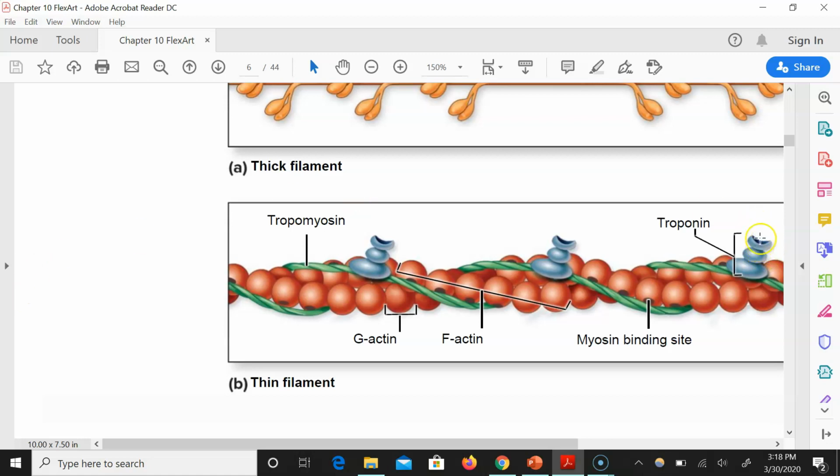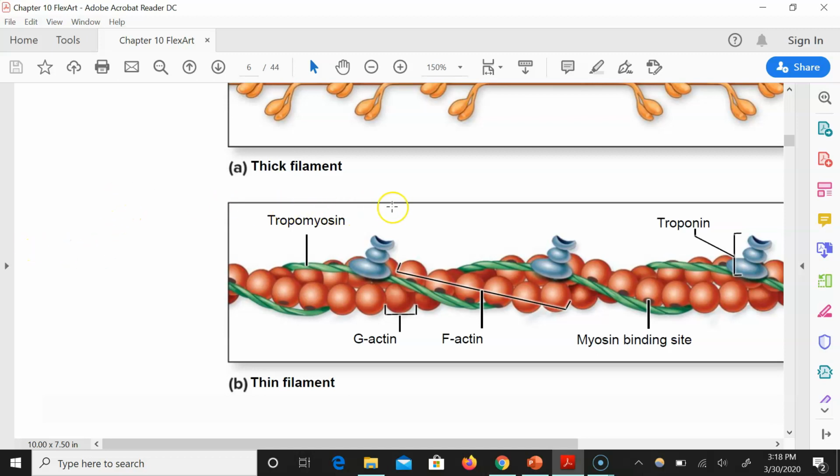This molecule's job, troponin's job, is to act as a gatekeeper. It will either allow tropomyosin to stay put and block the myosin binding site, or it will move tropomyosin out of the way under certain circumstances. And those certain circumstances are when calcium is around.